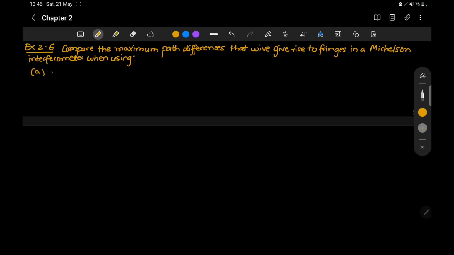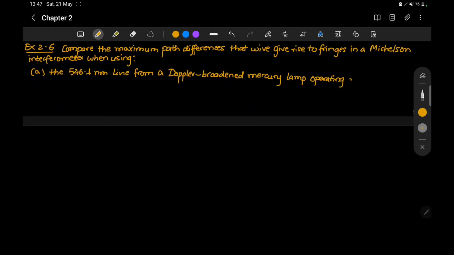So the first one is when using the 546.1 nanometer line from a Doppler broadened mercury lamp operating at 150 degrees centigrade.